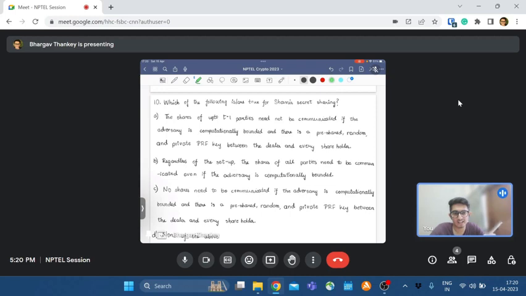Okay, so just like in the previous question, here also option A is correct. That is, if we have this special setup, then we can get away with not sharing the shares of up to T minus 1 parties. Let's see why.